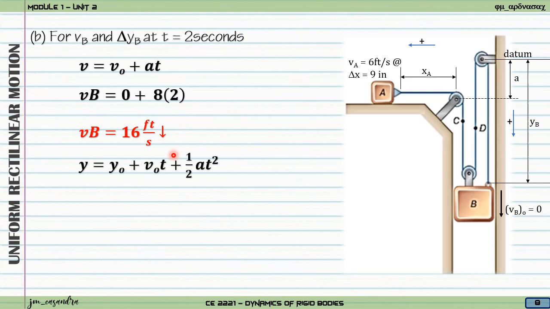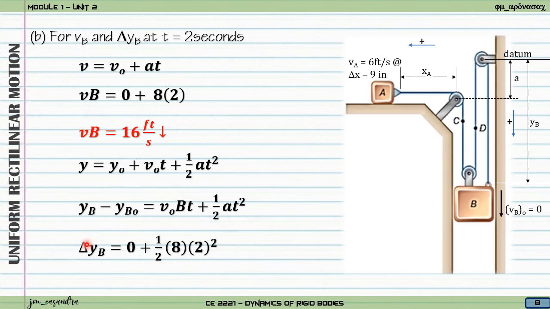And then for our change in displacement or position, we'll be using y is equal to y sub o plus v sub o times t plus 1/2 at squared. If I transpose y sub o to the left side of the equation, that's y sub b minus y sub o of b, which now becomes our delta y sub b.